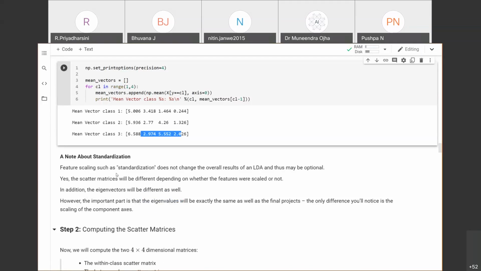Now, a quick note on standardization, which I find important to discuss here: feature scaling, such as standardization, does not change the overall result for LDA. So it may be optional. The scatter matrices will be different depending on whether the features were scaled or not.